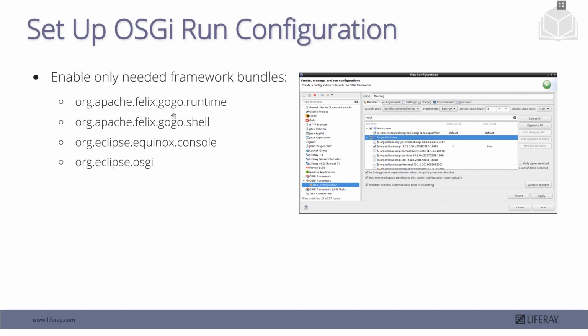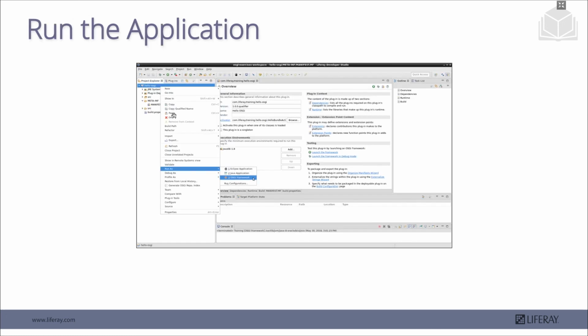So we're going to be selecting the specific parts that are needed in order for our runtime to actually work. And then once we do, we're actually just going to run the application. So pretty simple. Let's go ahead. We'll take a look at the exercise.